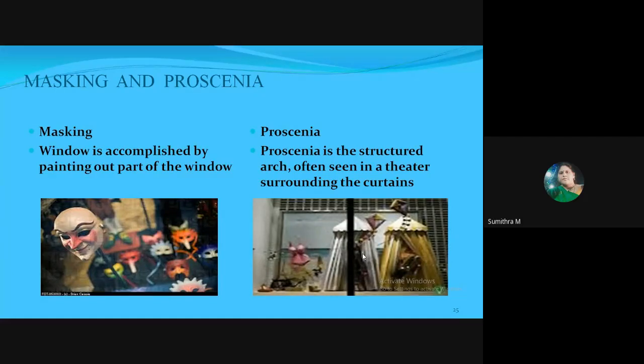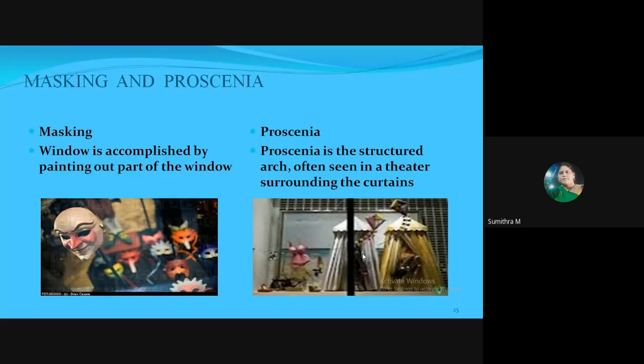Next one is portioning. In a window display, curtains are used above the product to attract the customers. If they see that from a distance, they feel something is there.